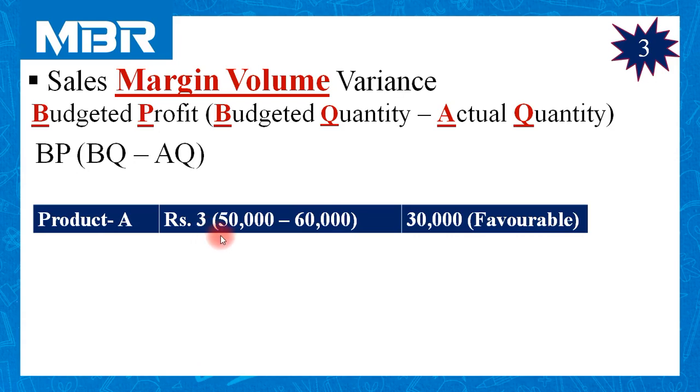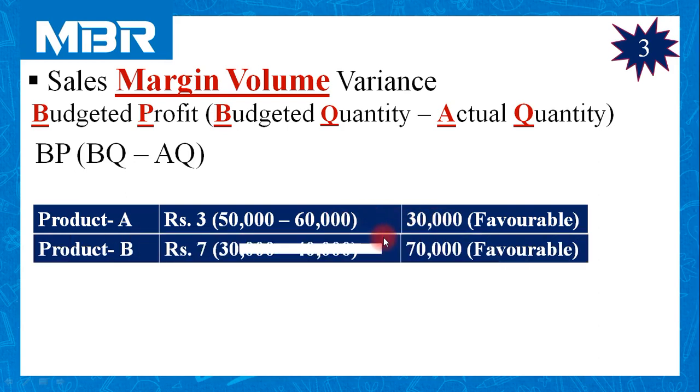Budgeted profit rupees 3 per unit. Expected units were 50,000 while actual units sold by the company are 60,000. So here the company has sold 10,000 units more than its expectations. So when we are selling more units, the situation is in favor of the company.